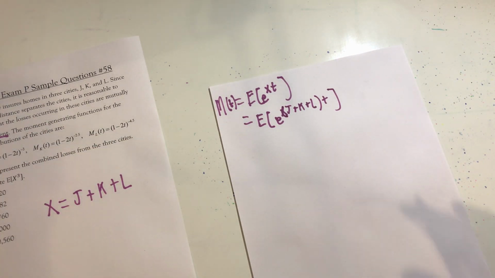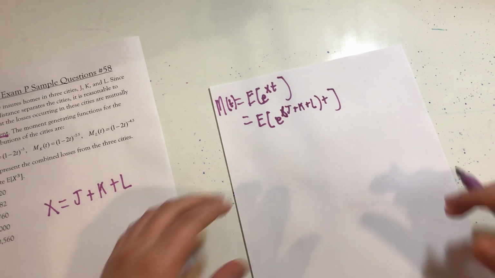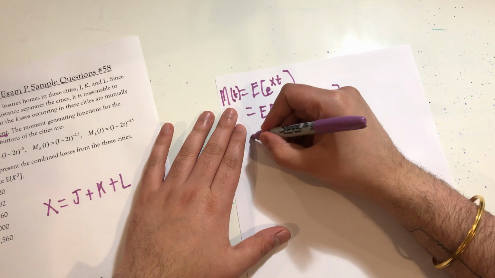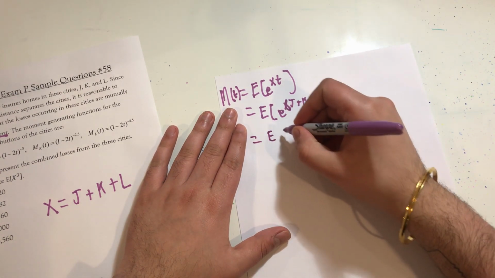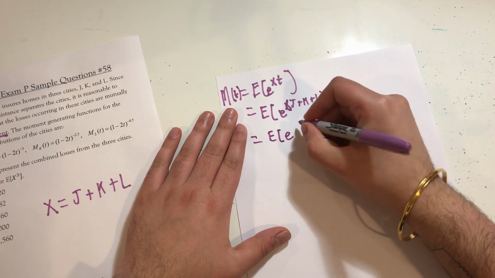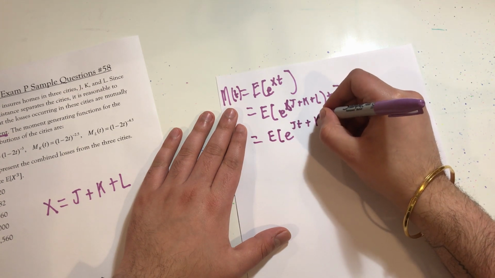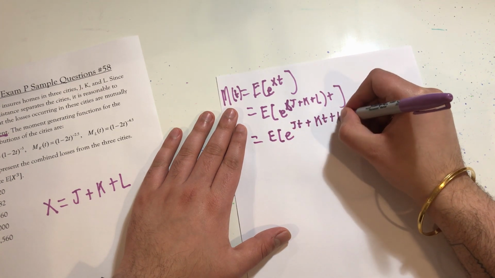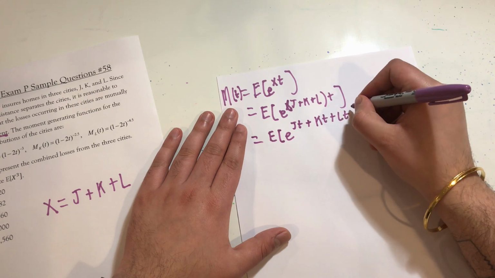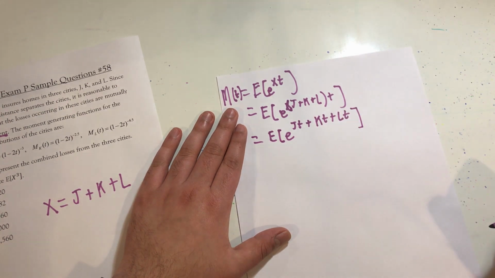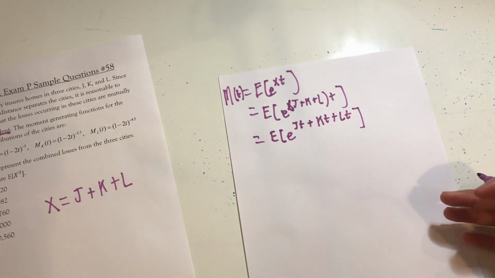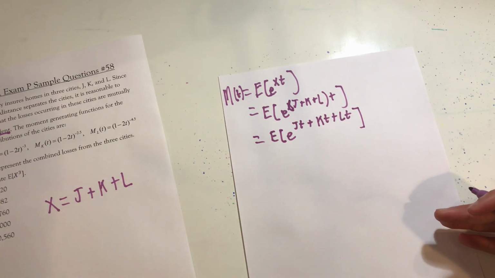Now, some of you might already see where this is going, but I'm going to do this line by line just for the purposes of the explanation. So expanding this out, we now have the expected value of e raised to the jt plus kt plus lt.